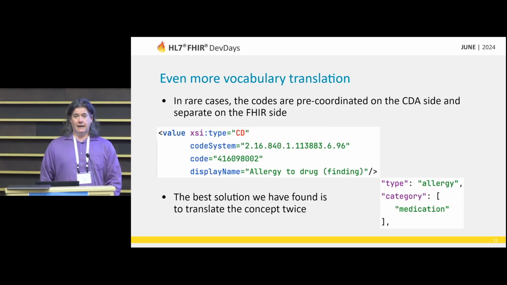On the CDA side, this has all been rolled up into a single field, which is the value of a, what entry is that? I don't remember off the top of my head. But it's a single code, as you can see here in the example, that indicates an allergy to drug. It's got both of the category and the type rolled up in one. And in this case, the best solution we were able to find was simply to translate that particular code twice.